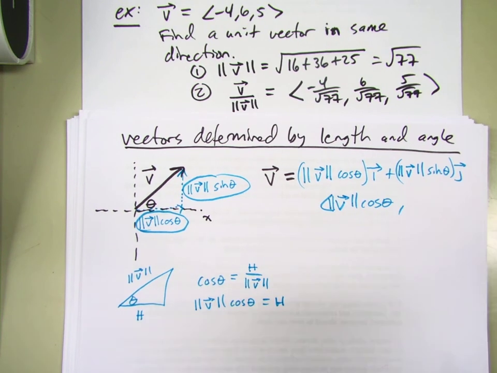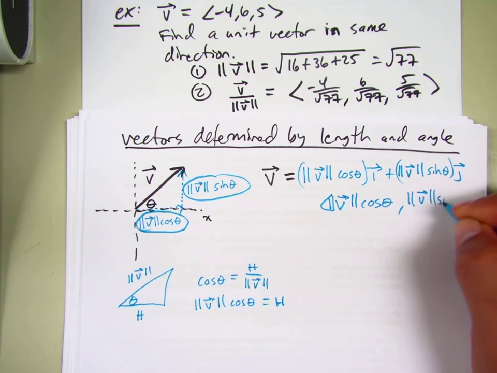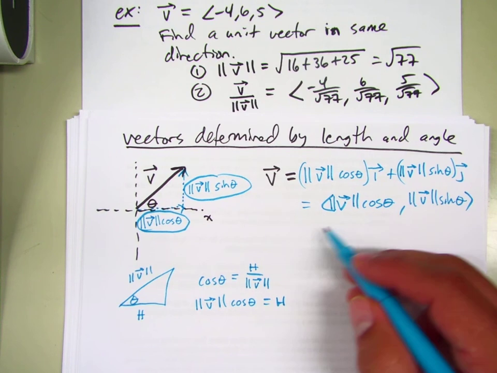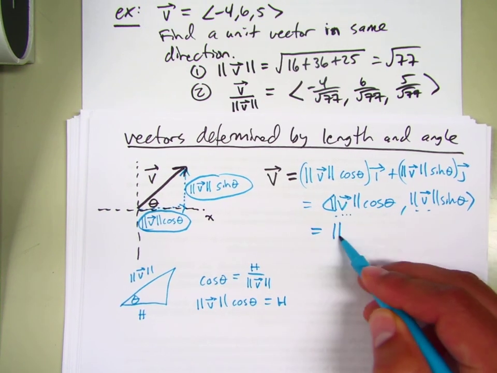So first component is magnitude of v times cosine theta. Then we got magnitude of v times sine theta. You might even see that since this is a common length, you can factor it out.